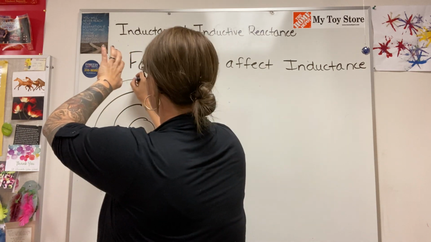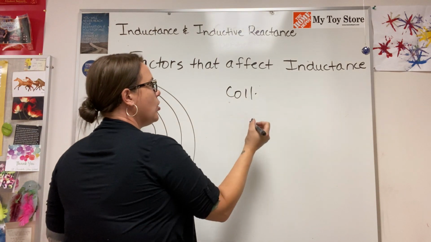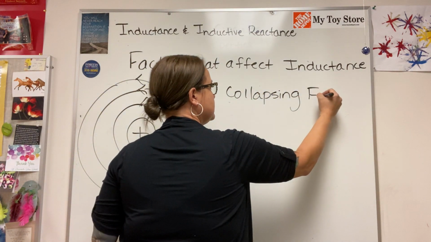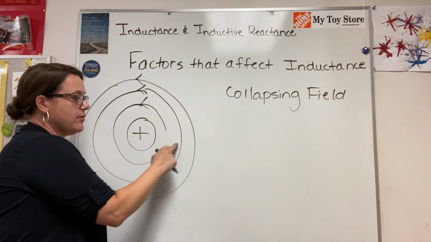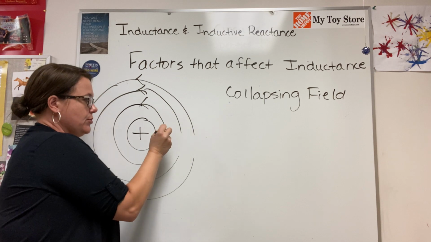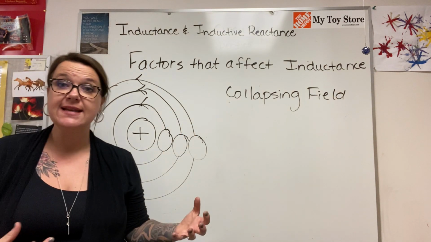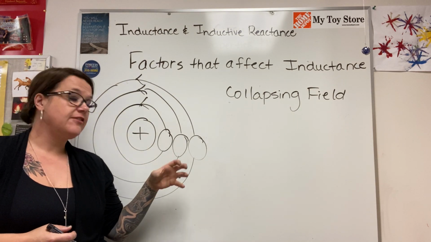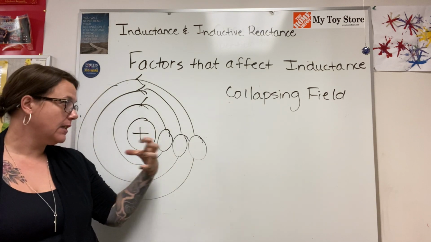Again, they're going in this way, but I'm demonstrating a collapsing magnetic field. So that's the change being facilitated. What is my counter EMF in my coil going to do? When my field was expanding, the counter EMF created a magnetic field that was opposing the magnetic field that was set up in our main line.